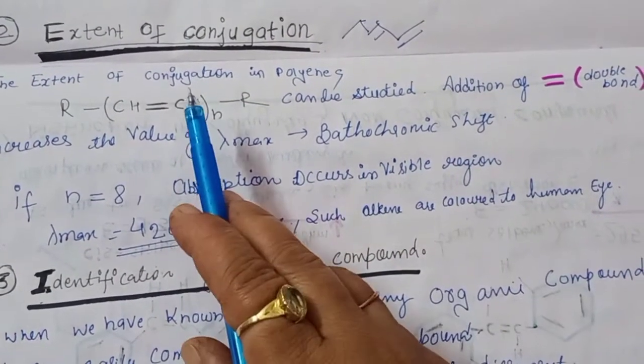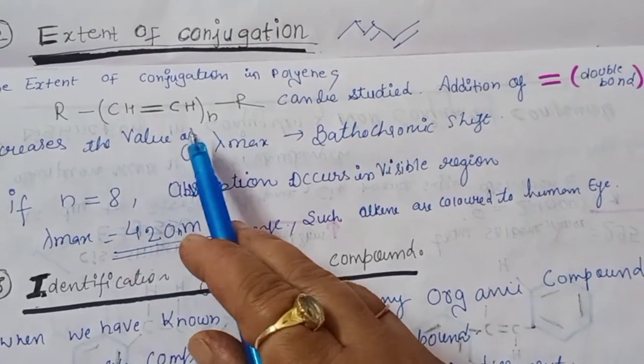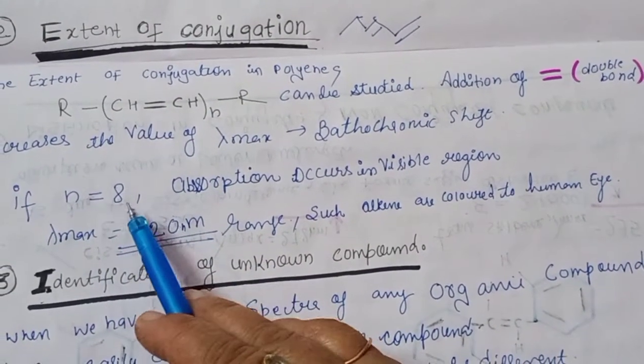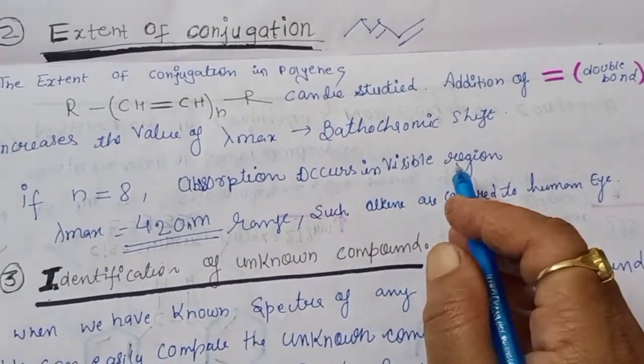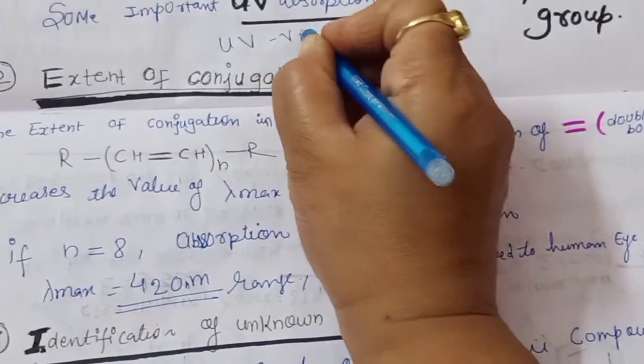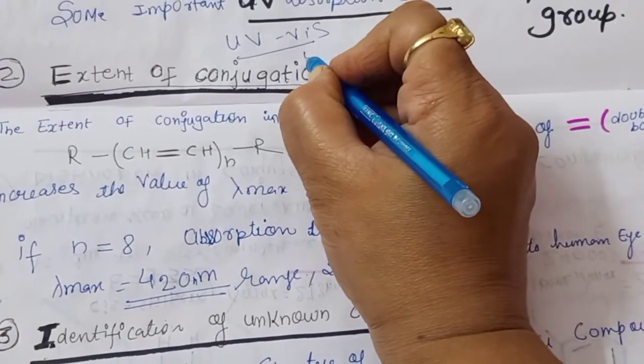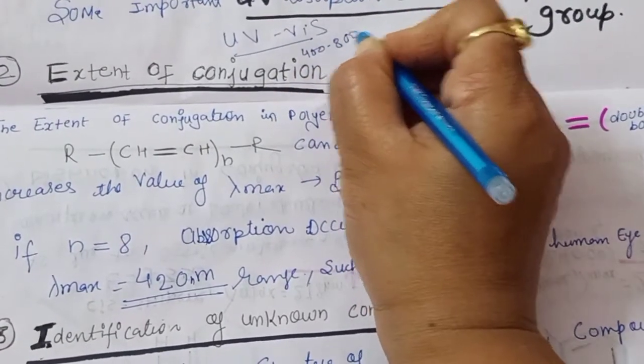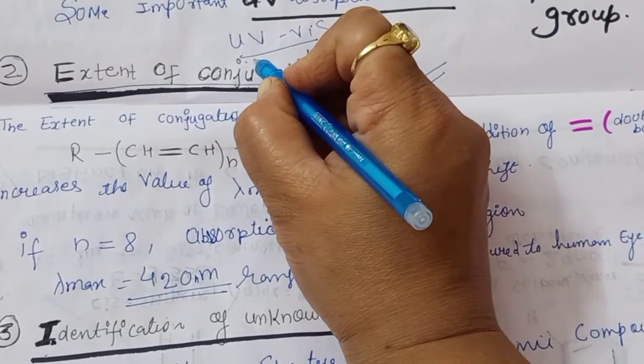If the number of double bonds is 8, the absorption will occur in the visible region. As we study this UV-visible spectrum together, the visible range is 400 nanometers to 800 nanometers, and UV is 200 to 400.